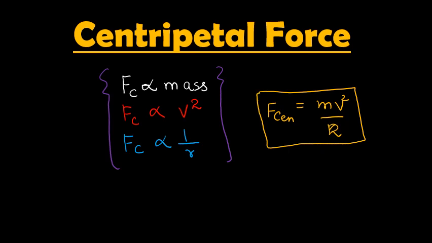This means that the higher the radius of an object, the lesser will be the centripetal force. The higher the mass of an object which is moving in a circular path, the higher will be the value of the centripetal force. The higher the velocity of an object, the higher will be the centripetal force.